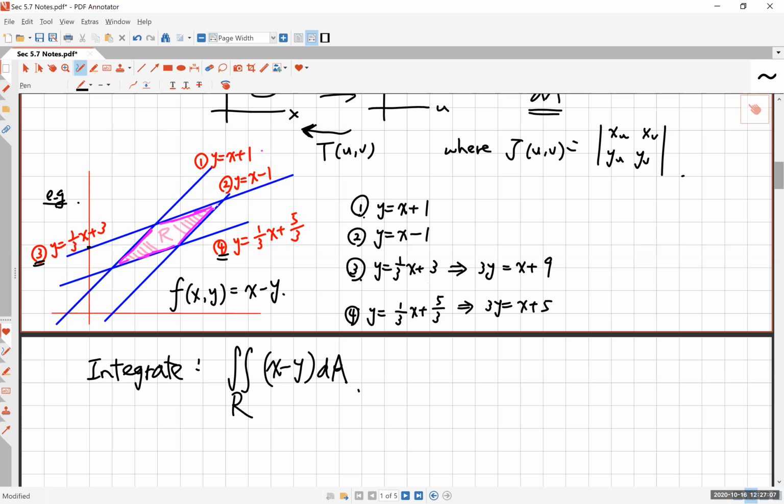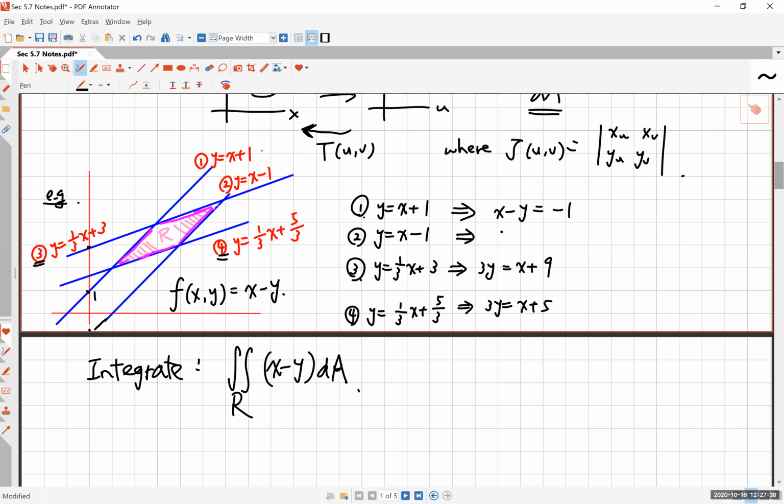What you should notice here is anytime you have parallelograms like this, you can write some relation between x and y in a rather simple way. For instance, equation 1 is y is x plus 1. You can see that the y-intercept is 1 and the slope is 1. For the second one, the y-intercept would be -1 if you could extend it. But anyway, you can write this as x minus y is equal to -1.